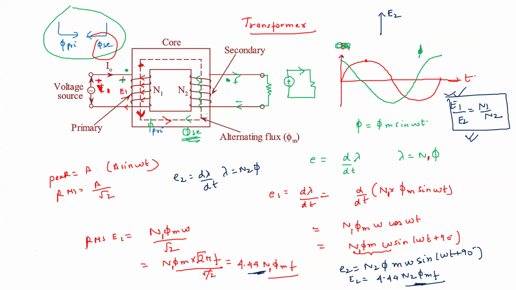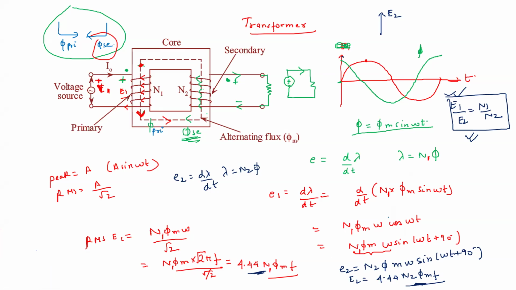So you will see that phi is phi sine omega t, right? Sine means the starting point should be zero. This is a sine waveform and this green one is a cos waveform. So the red waveform should correspond to phi and the green one should correspond to E, because it is a cos waveform.